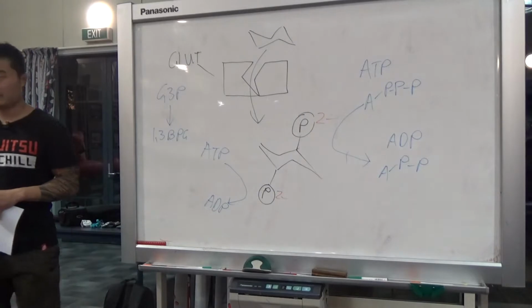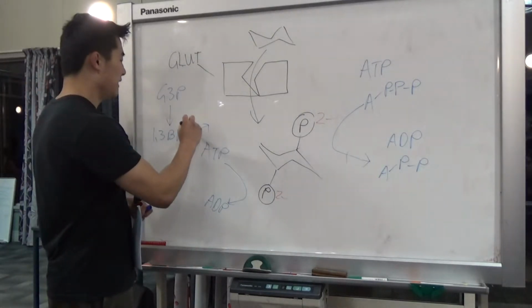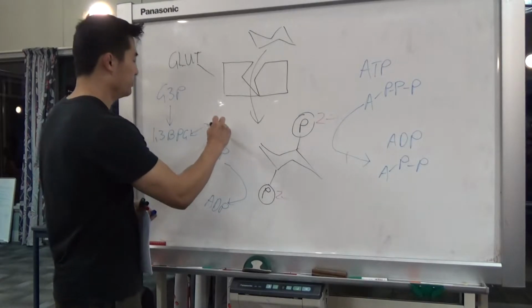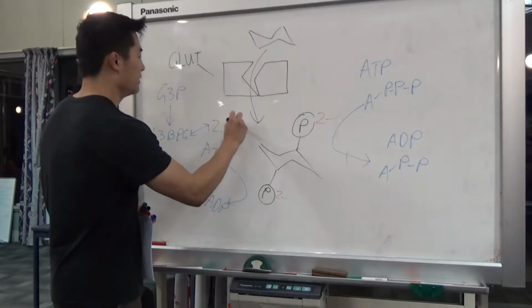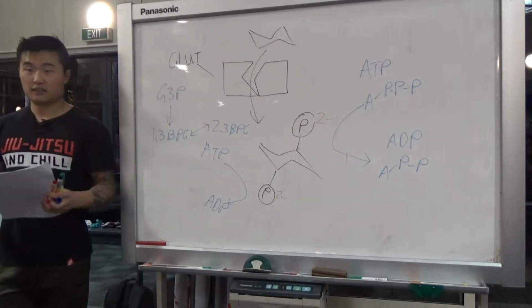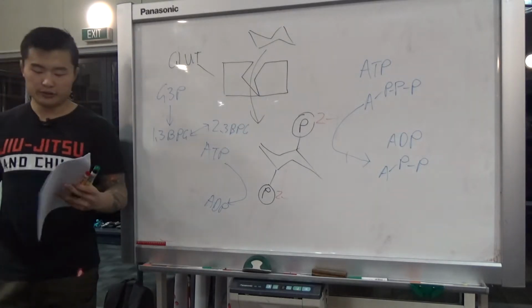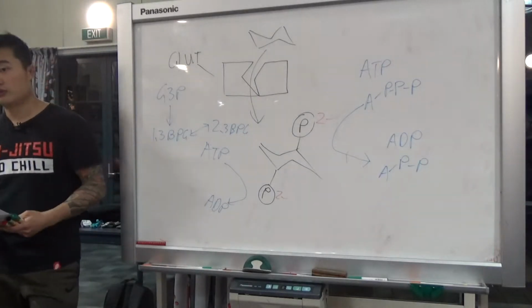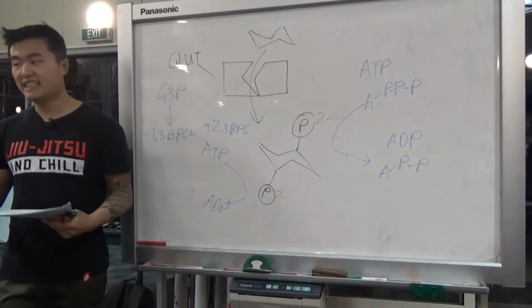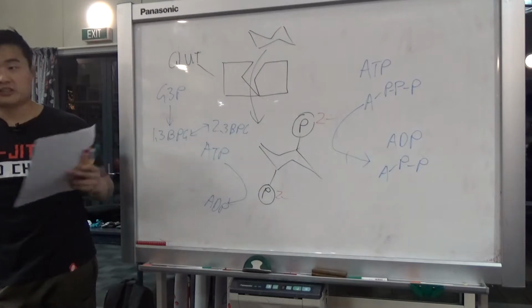That will be familiar to you because BPG can be converted into 2,3-BPG. And what does BPG do? Yep, that's right. It binds to hemoglobin and stabilizes the T state of hemoglobin, right? So you can see how those two are related.